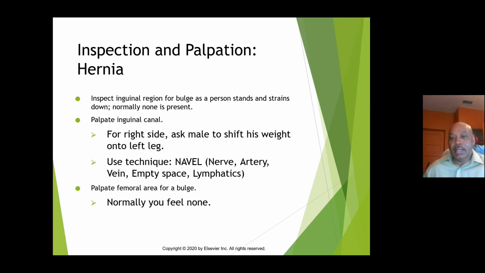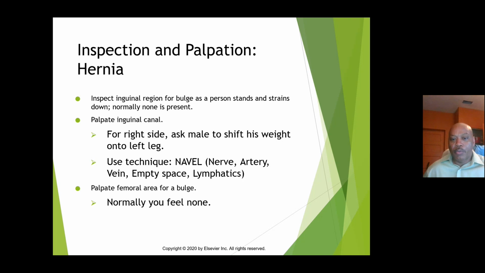So for the right side, we ask the male patient to shift his weight onto the left leg. All right. And so what we're looking for is we're checking for nerves, arteries, veins, or an empty space as well as we're assessing lymphatics as well.